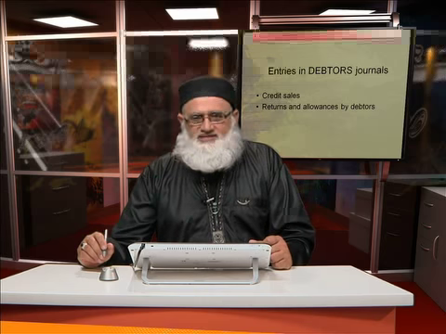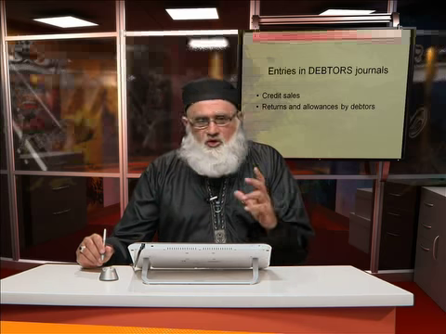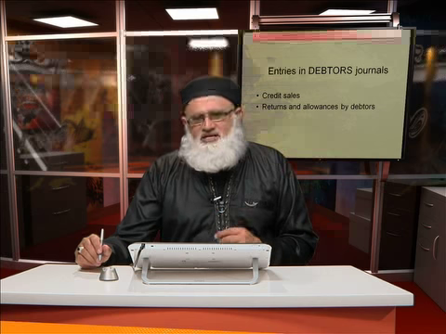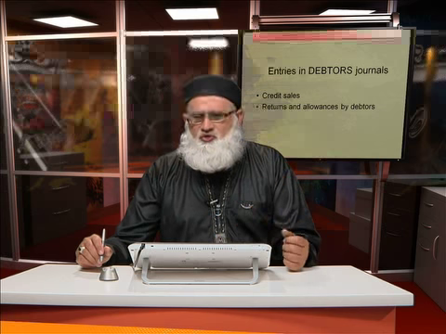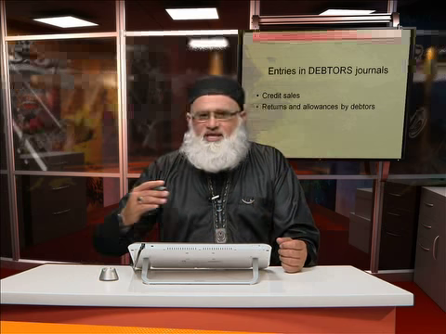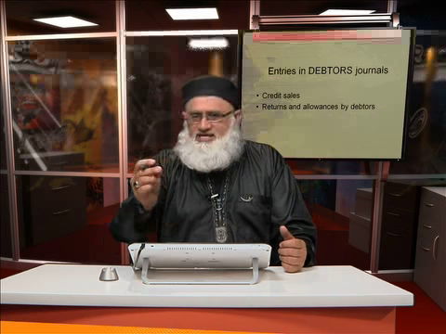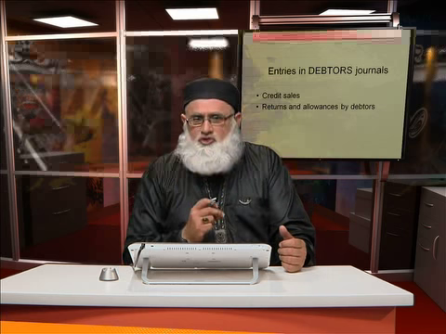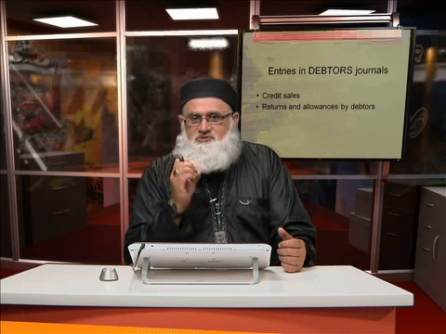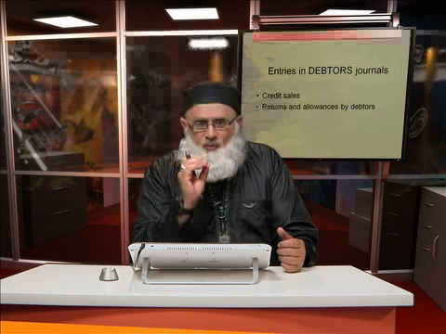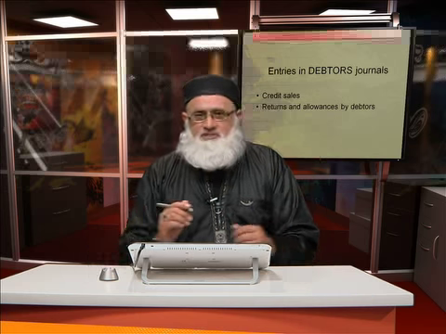Allow me to illustrate a little bit more on this point here. Sometimes what happens with a debtor is the goods are fine, but the debtor may complain about the price of the goods. So when we give an allowance to a debtor, then it does not mean that there has been a physical return of goods, but there has just been an allowance that was granted to that particular debtor.